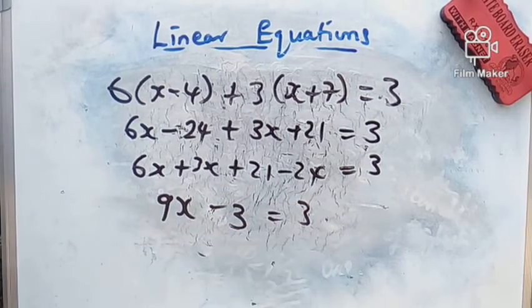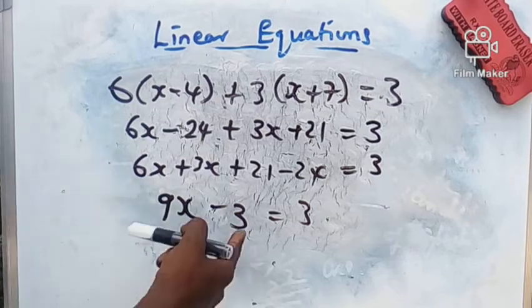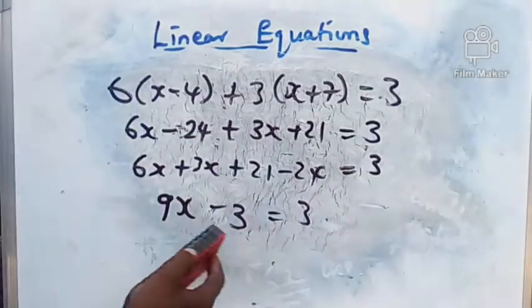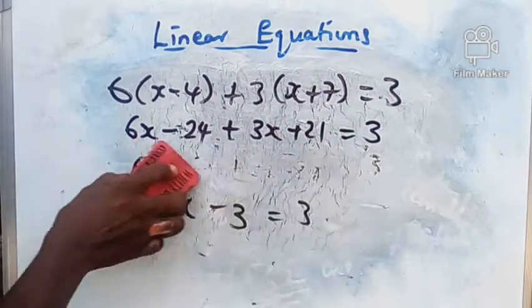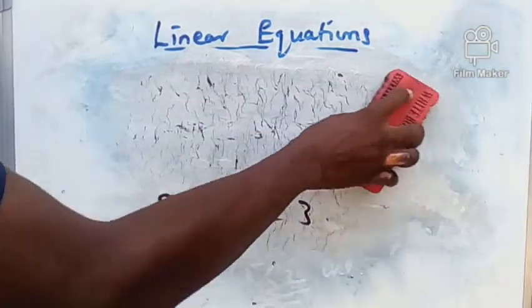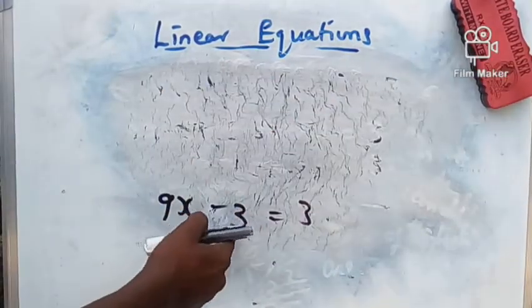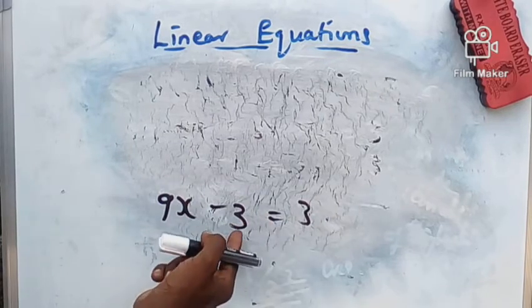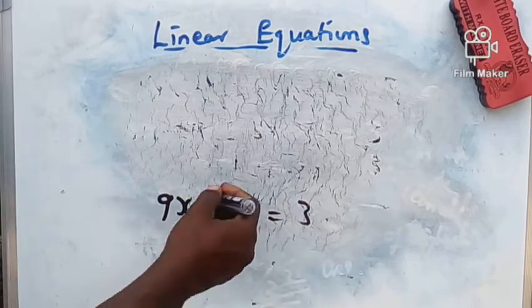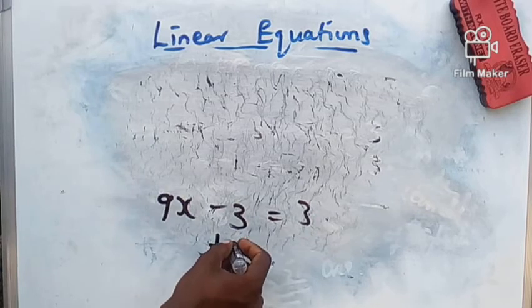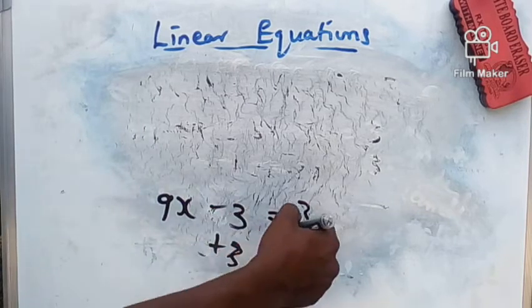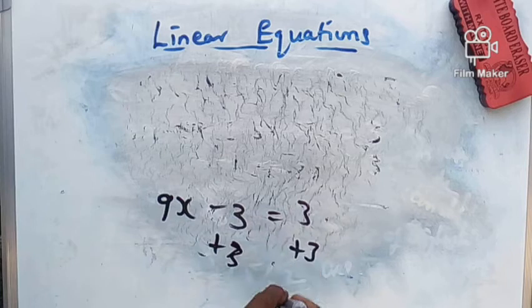So what do we do next? This looks like the first problem we solved. We simply collect the like terms again and eliminate this 3 here. To eliminate this minus 3, we introduce plus 3, because we're taking it to the other side. We do the same thing here, plus 3.